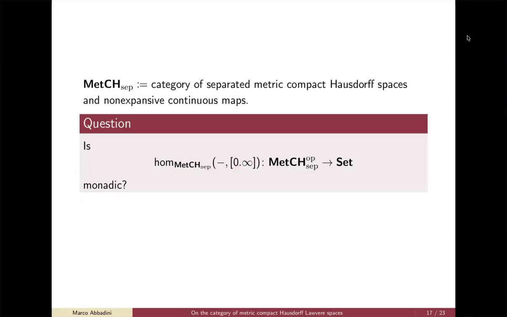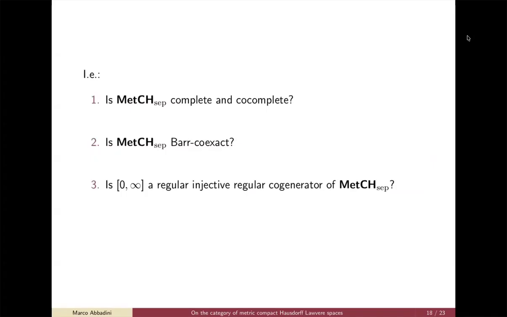So this is a direct generalization to the metric setting of what we knew to hold for the order setting with Nachbin spaces. And this turns out to be equivalent to asking these three questions. Is MET-CH SEP complete and cocomplete? This was known to be true already.